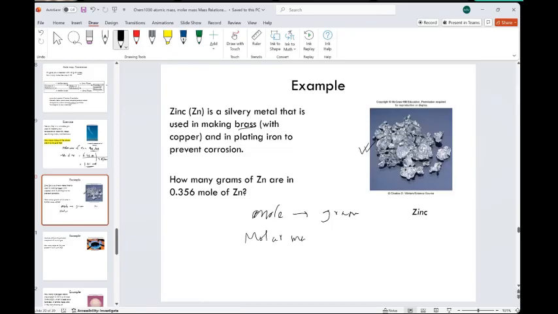Molar mass of zinc equal to 63 something, I believe, right? 63 gram over mole.